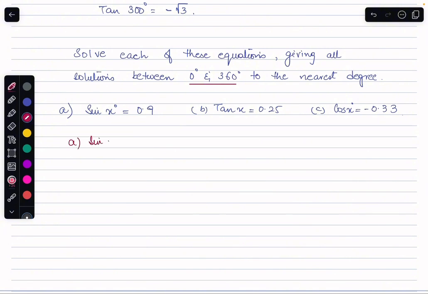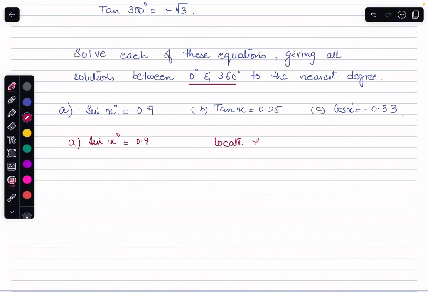Part A says sine of x degrees equals 0.9. Just make sure that your calculator is set to degree mode. I have to get all the angles between 0 and 360 degrees for the sine ratio. The first thing here is to locate the quadrant.